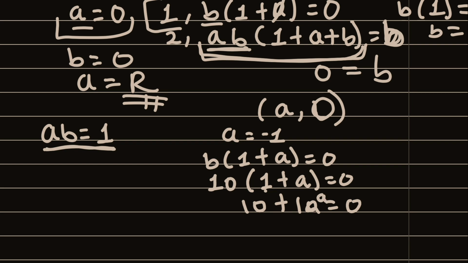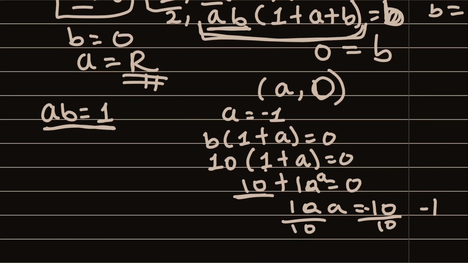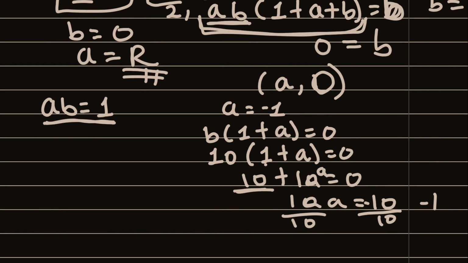So when we move 10 to the right side, it will be 10A equals minus 10. So over 10, it will be minus 1. If you insert any real number, you will find A is minus 1. Okay? So our first answer will be minus 1.